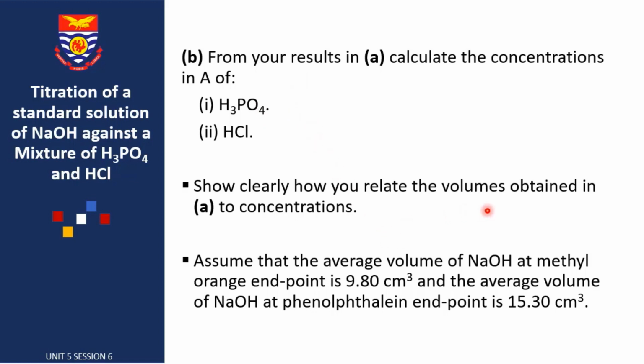We take the volume of sodium hydroxide at the methyl orange endpoint to be 9.8, and that of the phenolphthalein to be 15.30. Double indicator titration questions are easy to solve once you're able to establish the volumes of the burette content used.